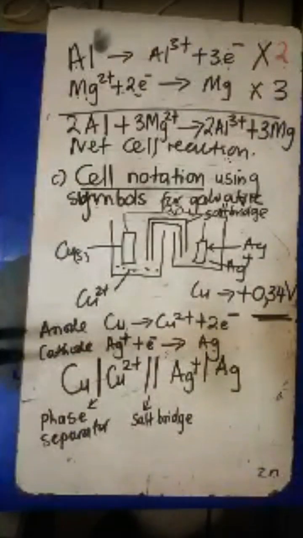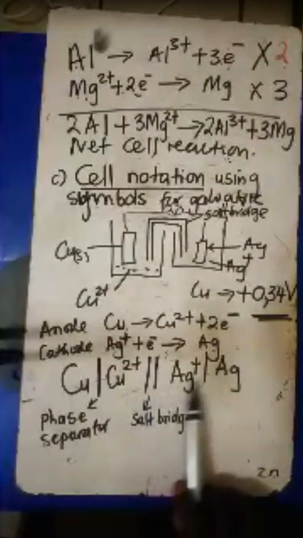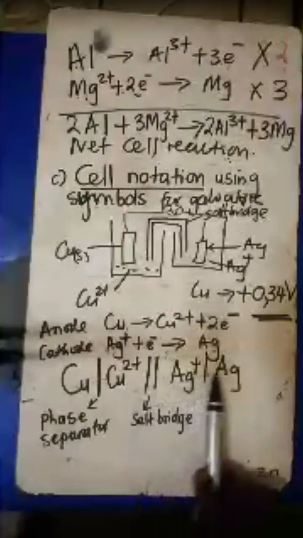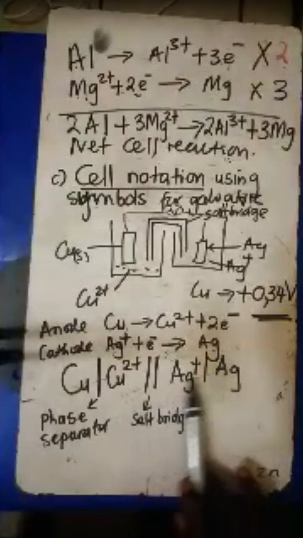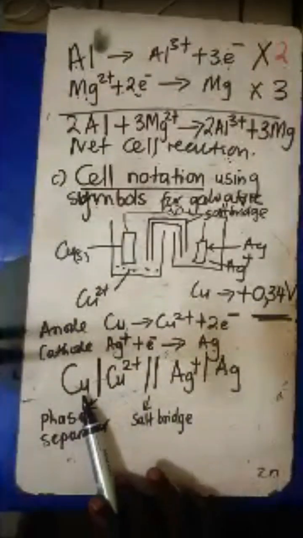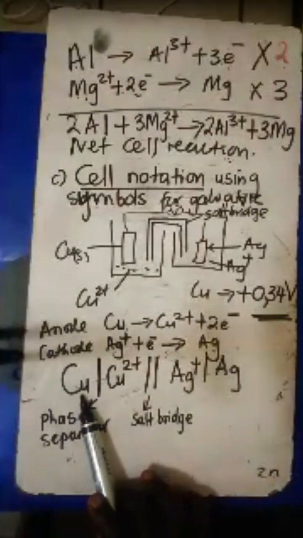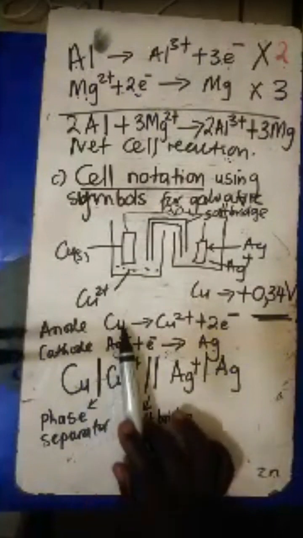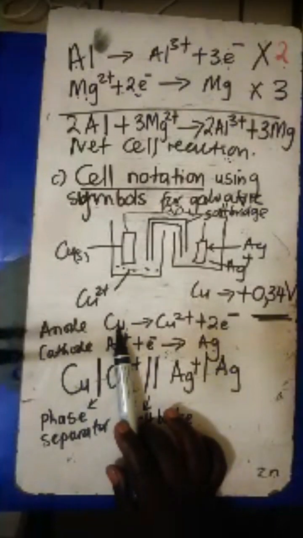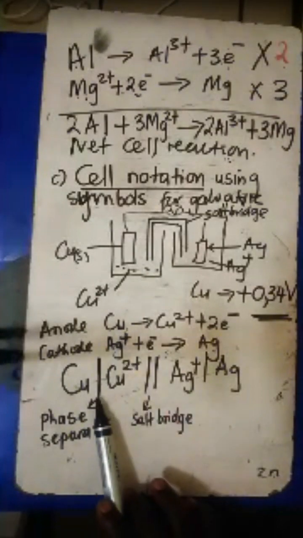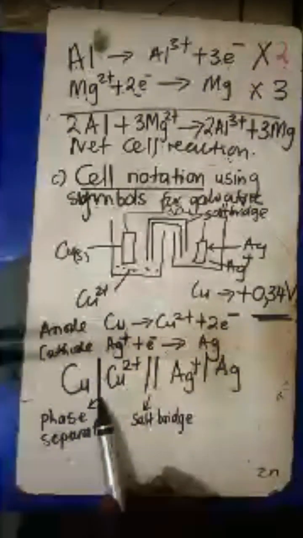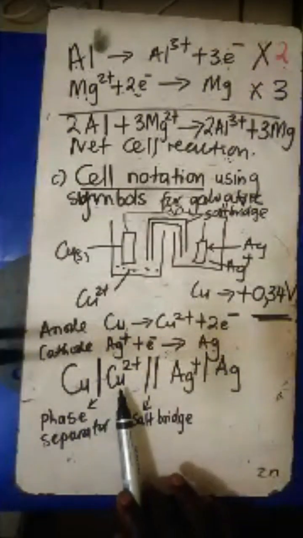I want to repeat this. Cell notation, we are using symbols. You save time. You don't draw the whole diagram. So you start with the anode first. You finish what's happening in the anode. Copper is a solid. You put one line. One line means phase change. You put Cu2+.